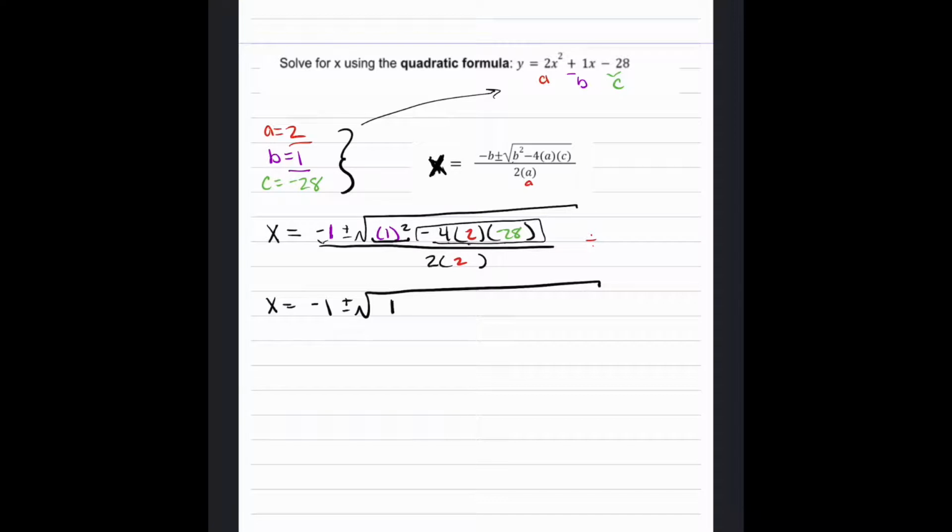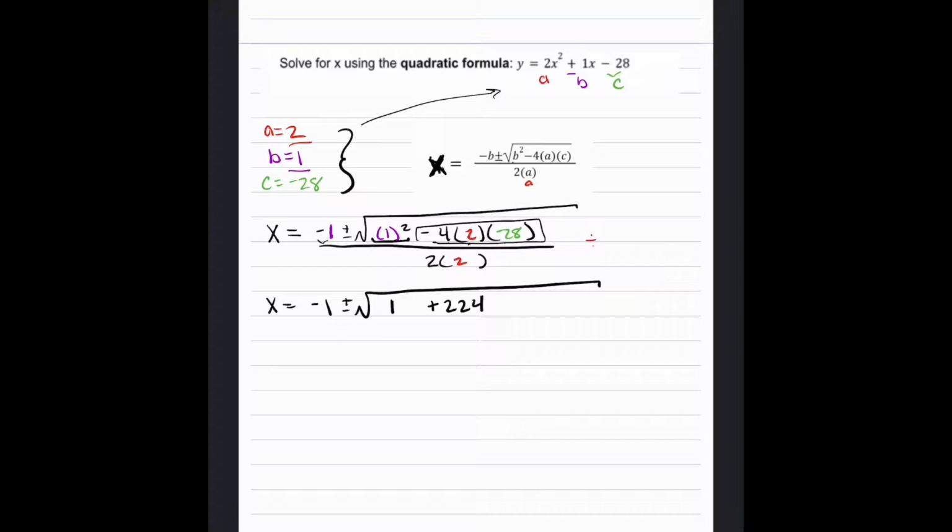Remember, you have to read that 4 as a negative 4. In my calculator, negative 4 times 2 times negative 28 is positive 224. So since it was positive, I'm going to write plus 224 here.